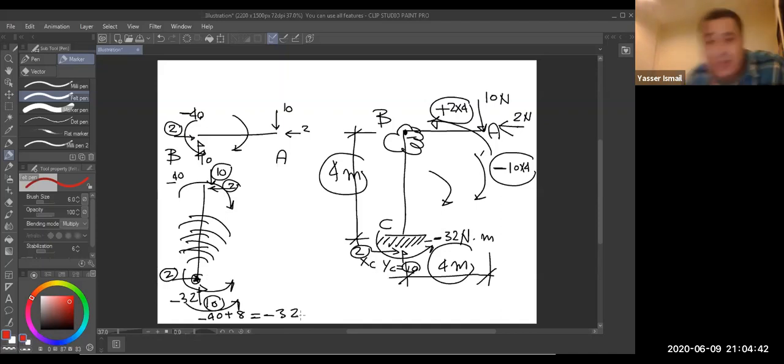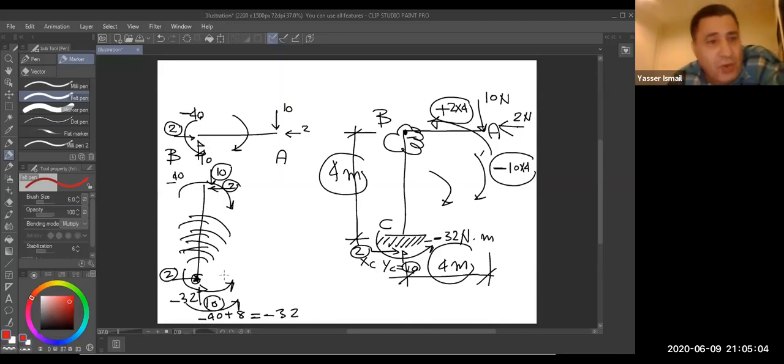This is how we are dealing with the frames. In the end, you are going to draw the shear force diagram and the normal force diagram for the entire frames. And for a particular section, there is a normal force, shear force, and the moment. We will learn about this one.